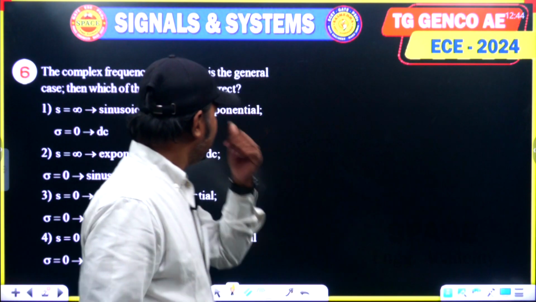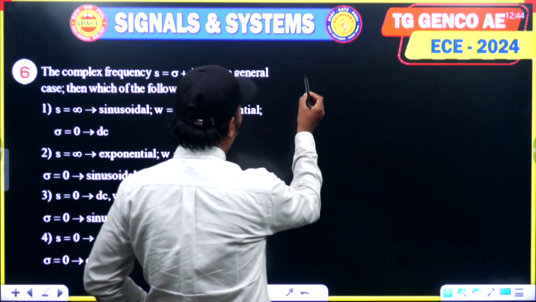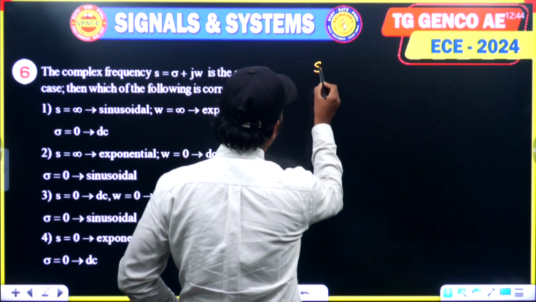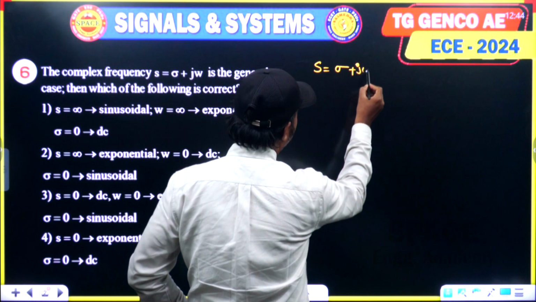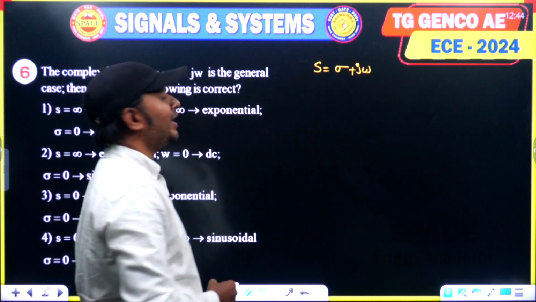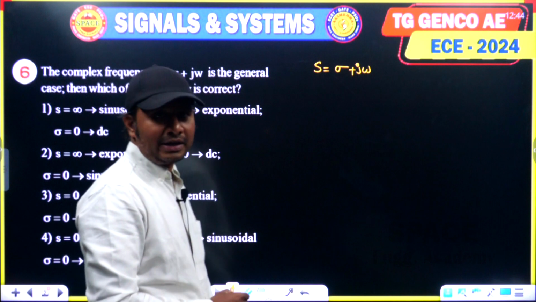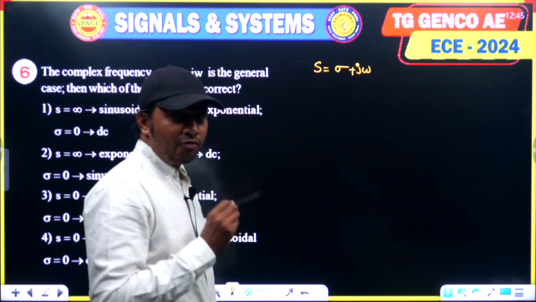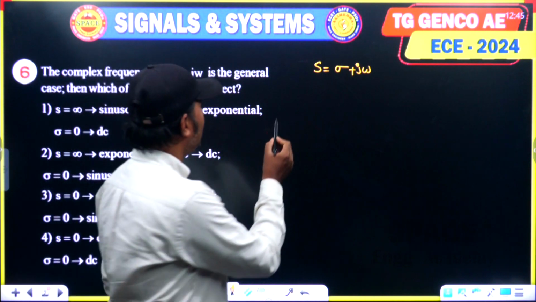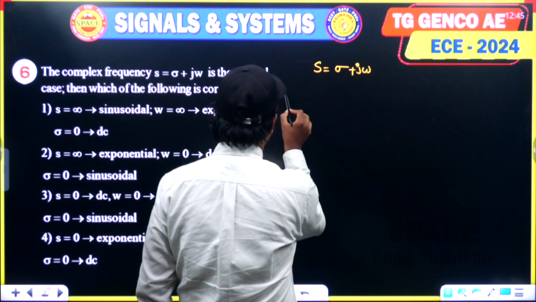Look here. Here the complex frequency is given by S is equal to sigma plus j omega. This complex frequency term generally we will encounter in Laplace transform. In Laplace transform, we must know one term called complex exponential.